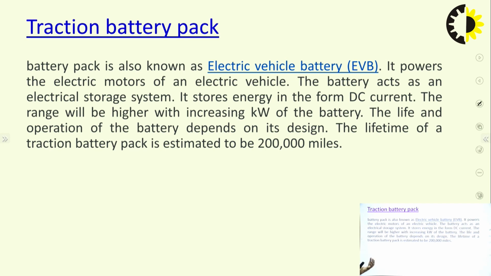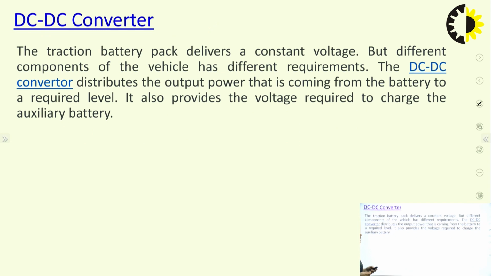It stores energy in the form of DC current, and the range will be higher with increasing kilowatts of the battery. The life and operation of the battery depend upon its design, obviously, and the lifetime of the traction battery pack is maybe 2 lakh miles, right?